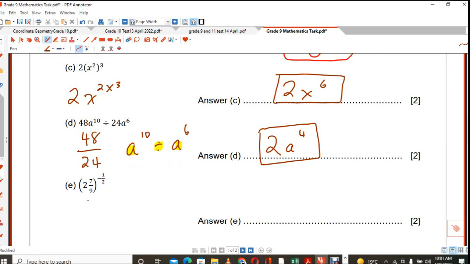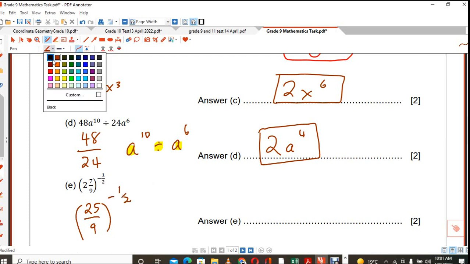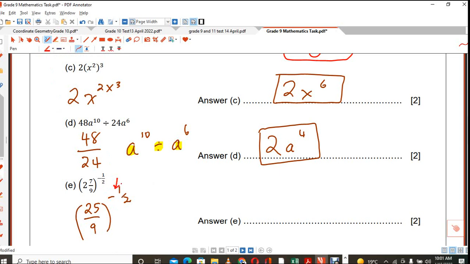Here, first thing you do, write this as an improper fraction. 2 times 9 is 18. 18 plus 7 is 25 over 9. Now, this is raised to a negative power. The negative gives you a direction. It says you must swap the base.